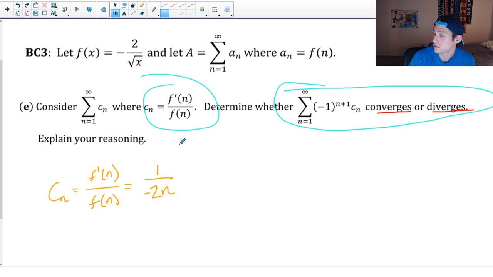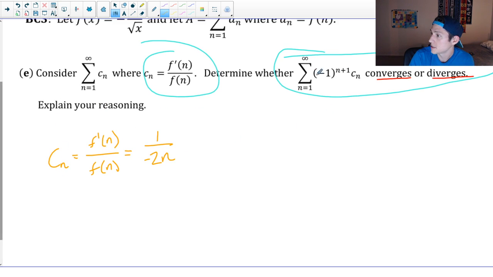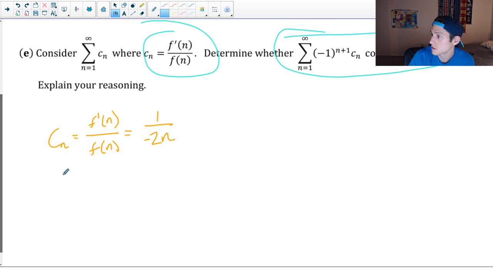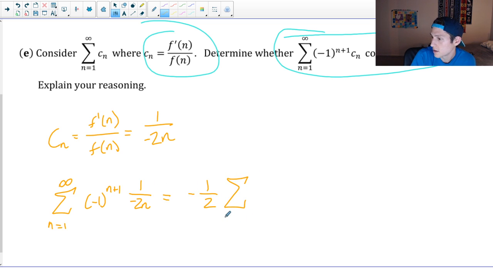Okay. And I actually don't even want the series of just this. I want the series of this, where it has Cn, but with the negative 1 to the n plus 1. Interesting. So the series from n equals 1 to infinity of negative 1 to the n plus 1 times 1 over negative 2n. But to make my life easier, I'm going to bring out that negative 1/2 in front of the series so I don't have to worry about it.